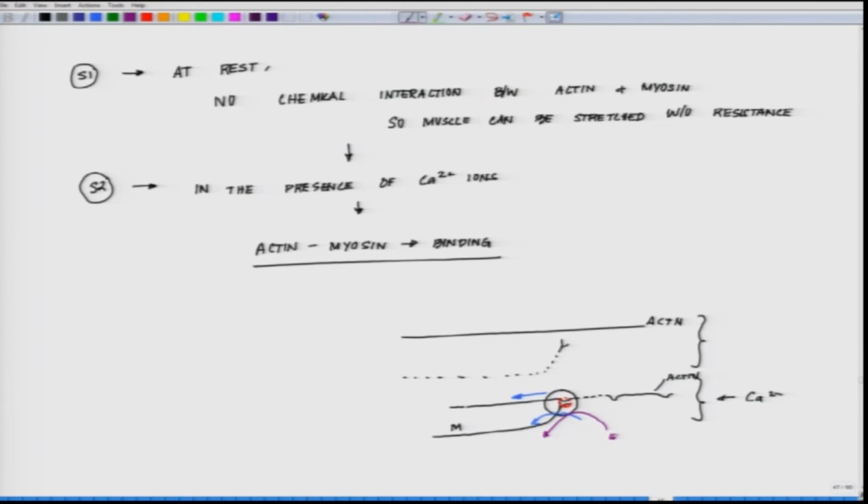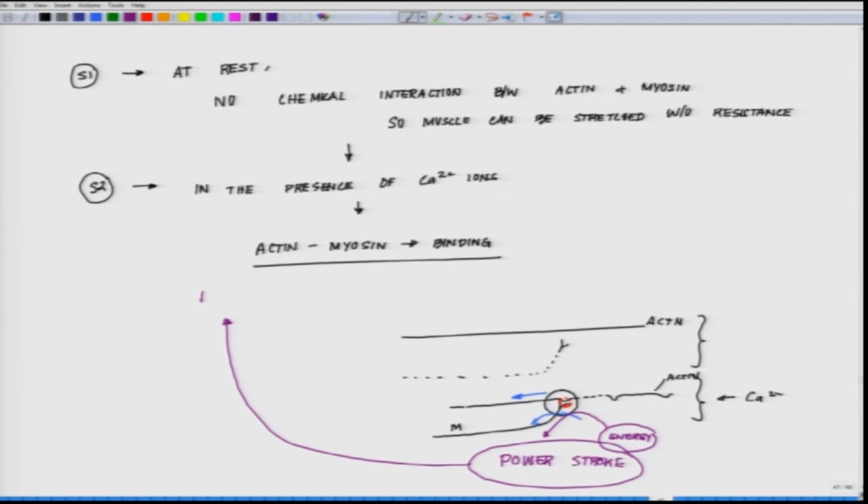This needs energy, and this process is called the power stroke, and this is that first step of force generation.